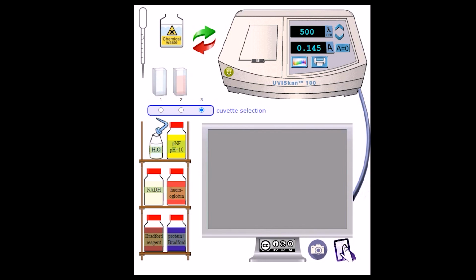The spectrophotometer has software that transfers to the computer and creates its own graph, and it's a curve, and we're going to open it.